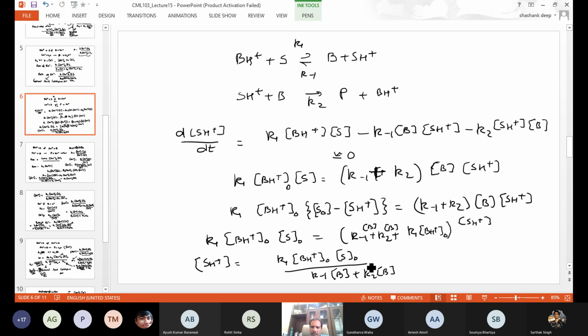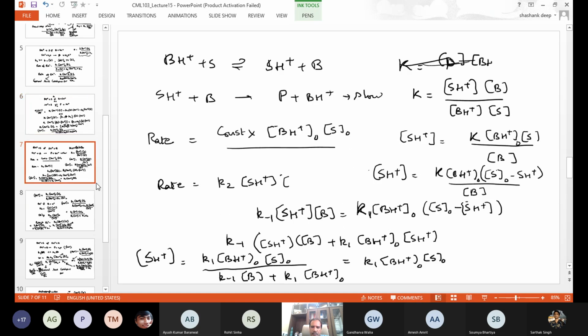K minus 1 into B, K2 into B plus K1 into BH plus naught. Is this okay? Simple thing. So this is your SH plus, and similarly you can write the rate of reaction.